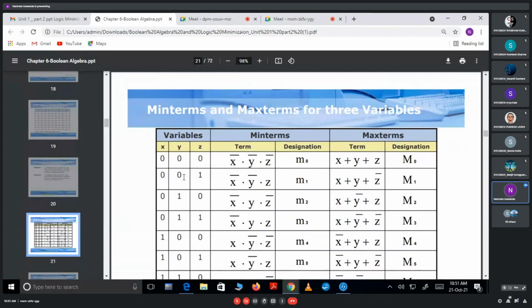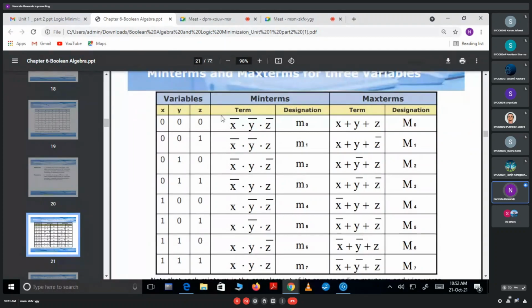0, 0, 1 gives x bar dot y bar dot z. The next min term, 0, 1, 0, is x bar dot y dot z bar. 0, 1, 1 is x bar dot y dot z. Why y dot z and not bar? Because here it is 1. In a min term, 0 always represents bar and 1 represents no bar.